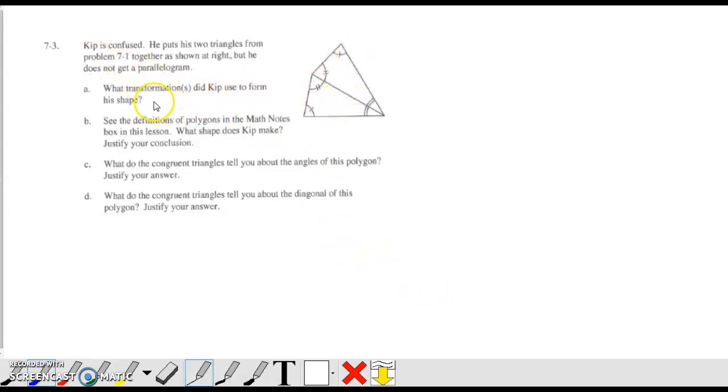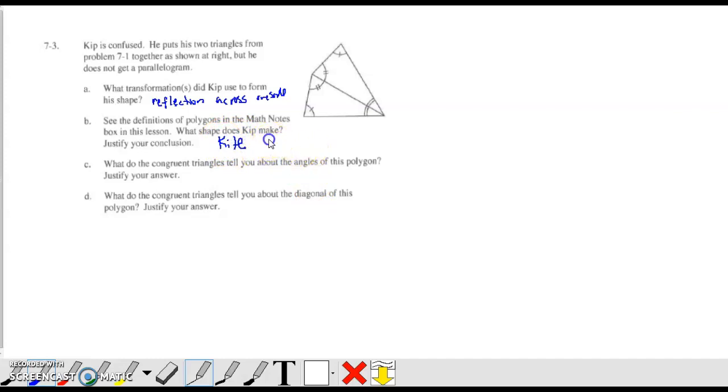Right, he reflected it, so reflection across one side. And what shape did he make? So there is a methods and meanings box in this lesson, so just go online to look that up. He created a kite.